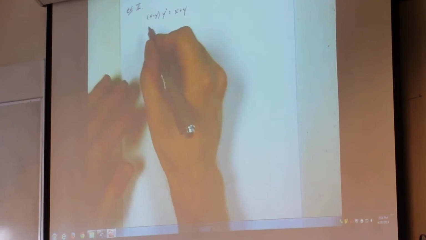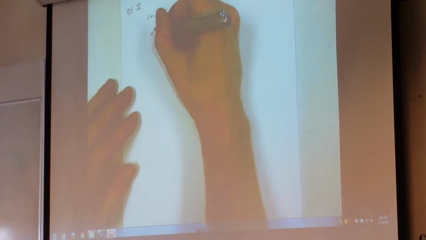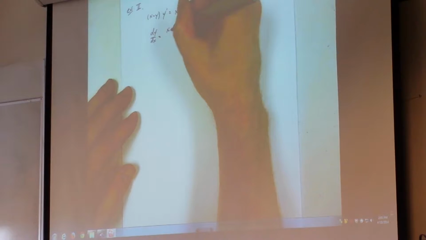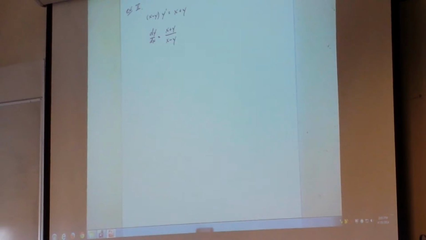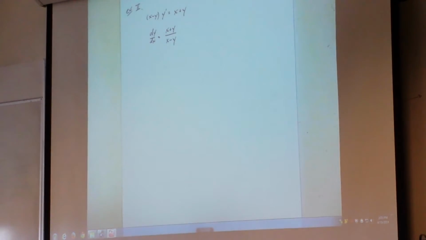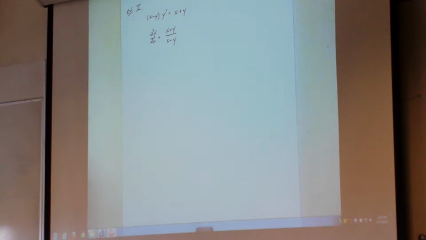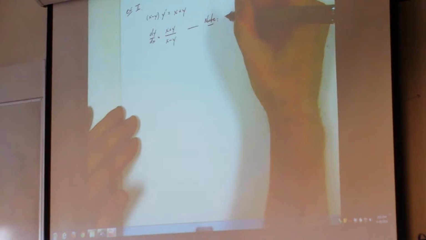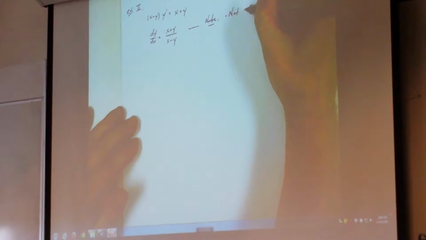But if you divide both sides by that x minus y, we get dy dx equals x plus y over x minus y. Now this is absolutely not separable. There's no way to factor and pull the x's and y's apart as separate factors. So note, this is not separable, nor is it linear.